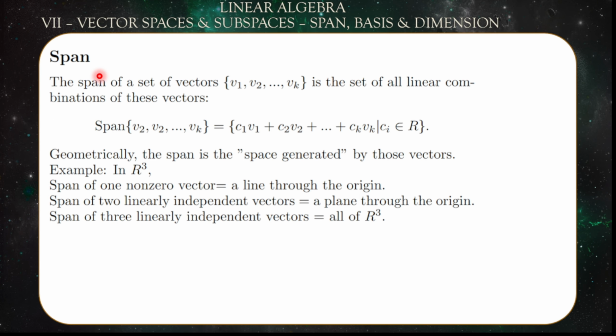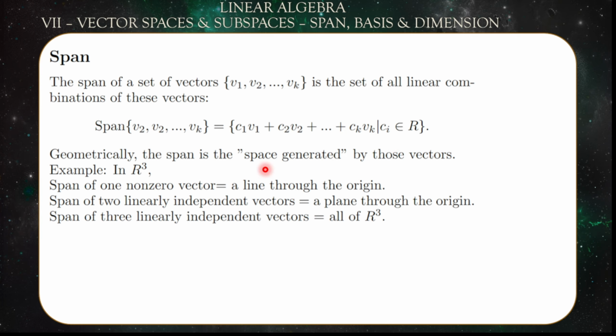Span. What is the span of a set of vectors v1, v2, all the way to vk? The span is the set of all linear combinations of these vectors. So the span of v1, v2, all the way to vk is equal to c1 v1 plus c2 v2 plus c3 v3, all the way to ck vk, with the c's being numbers belonging to the real numbers.